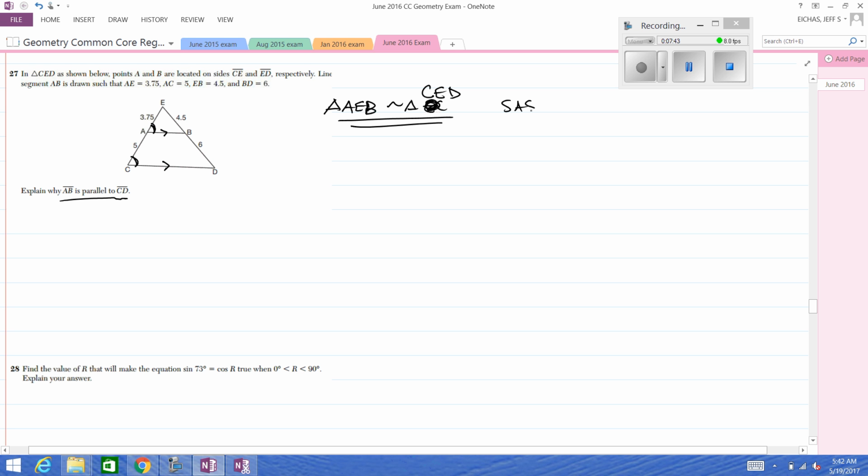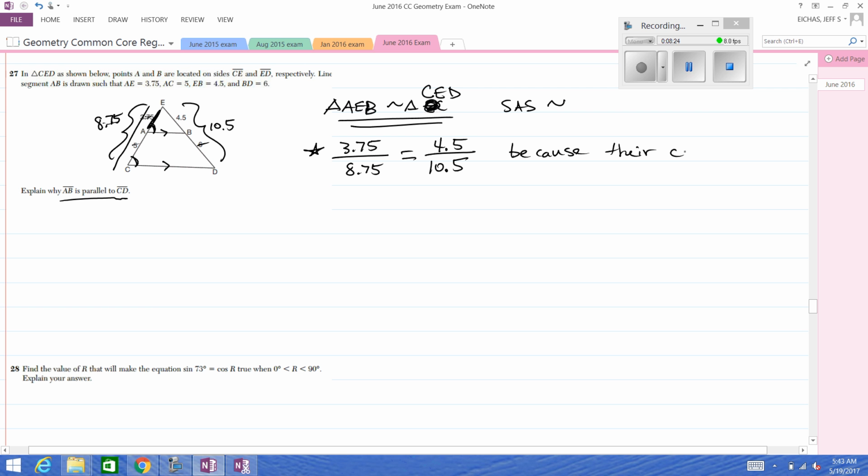We're going to need the side angle side similarity postulate. And how that's going to work is we're going to add those together to get 8.75 and 10.5. Okay, kind of ignore these now for a minute. So we're going to start off with, all right, 3.75 to 8.75. Those are a pair of corresponding sides, right? So then that will equal, and I tested this already, so I know it does work, because the cross products are going to be the same.